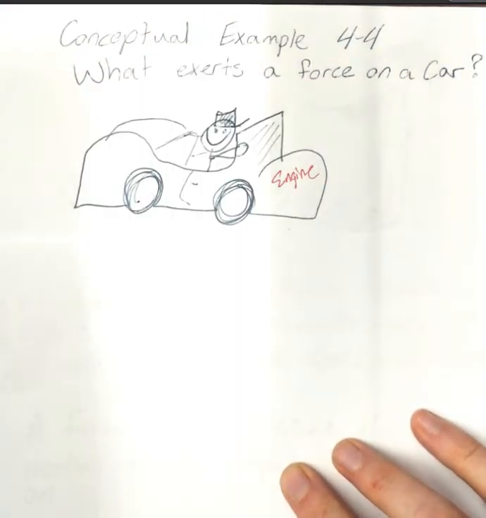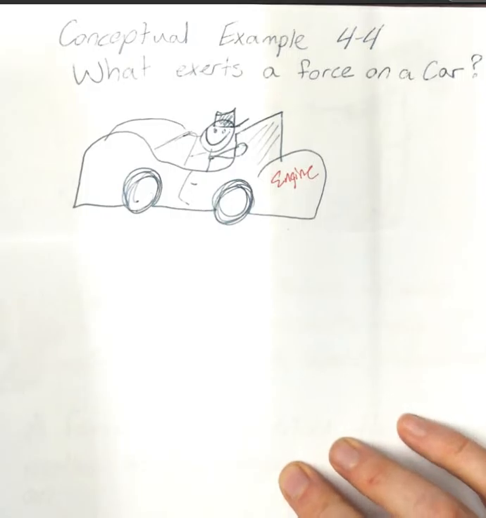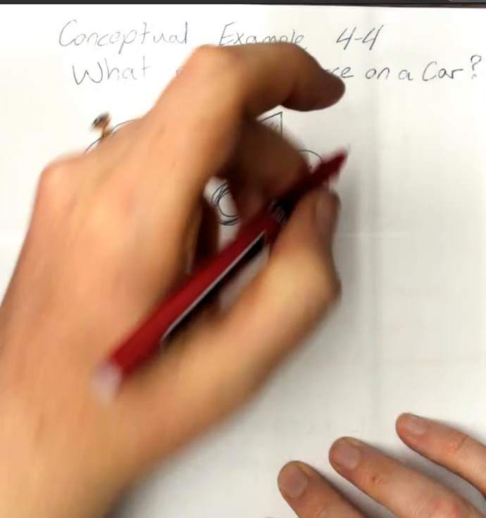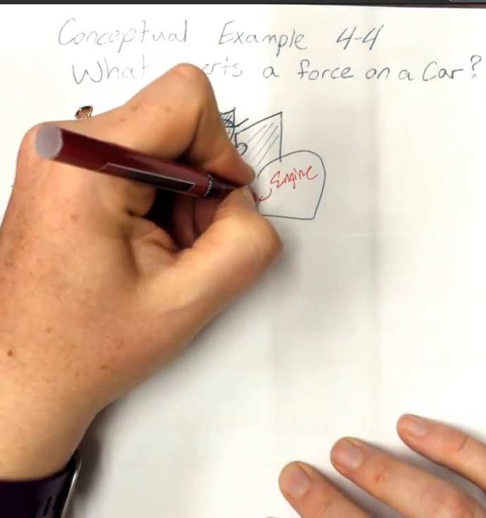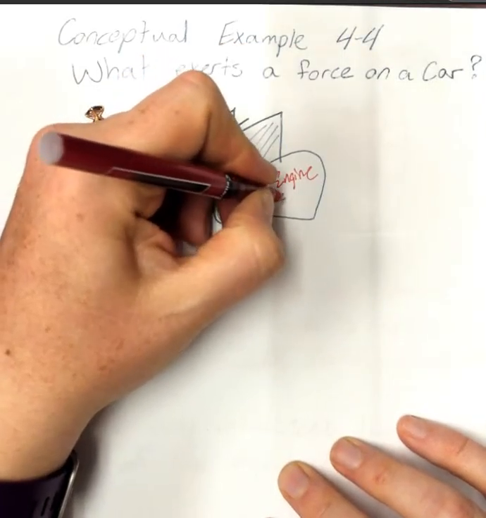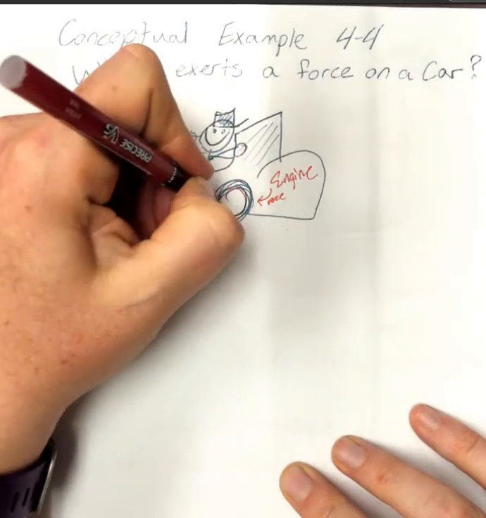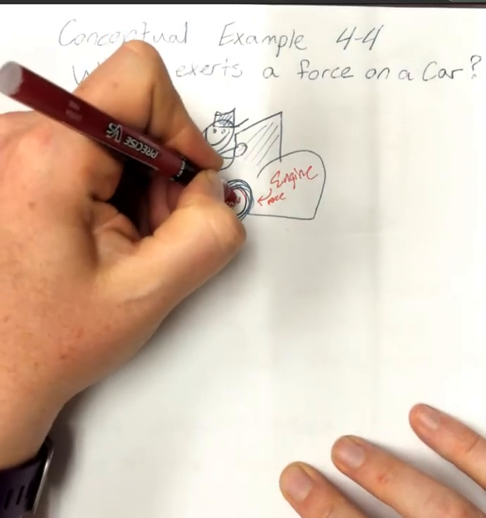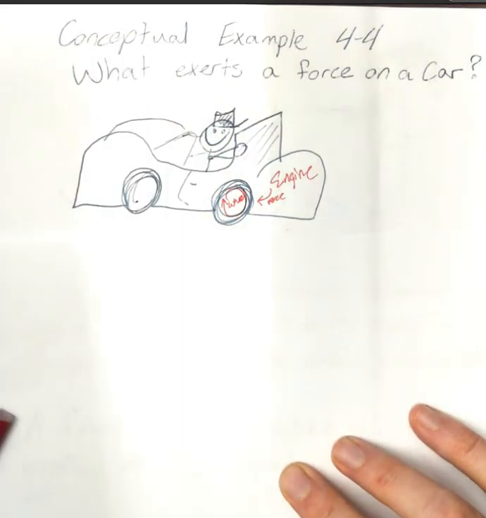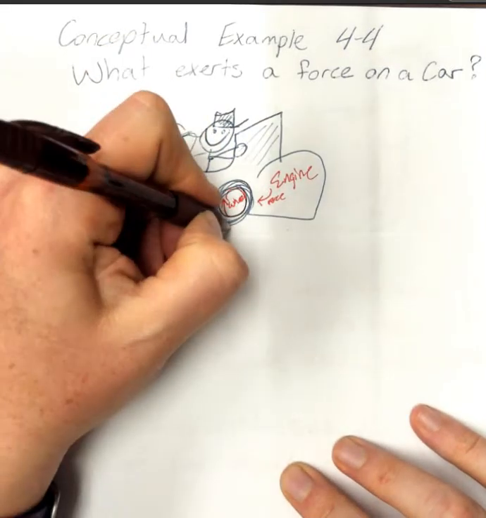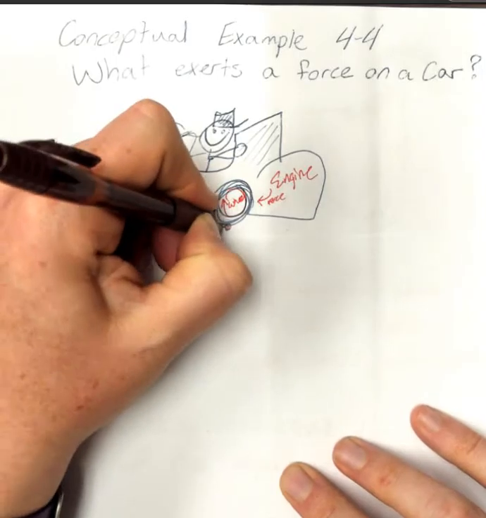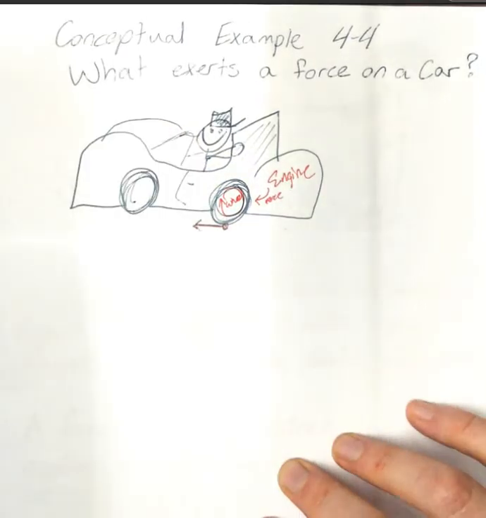But the engine is not in contact with the ground whatsoever, so how can it make the car move? What the engine does is apply a force on the axle. The axle turns the wheels, and the wheel applies a backward force on the ground.